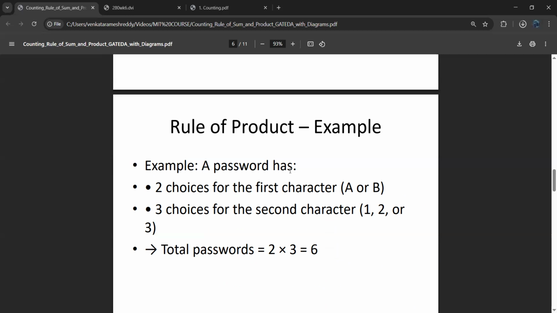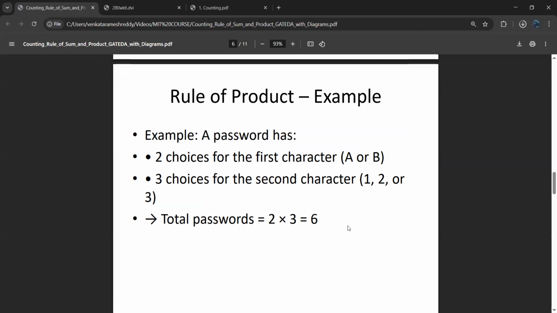So overall we'll get six possibilities to create the password. So that is the example.